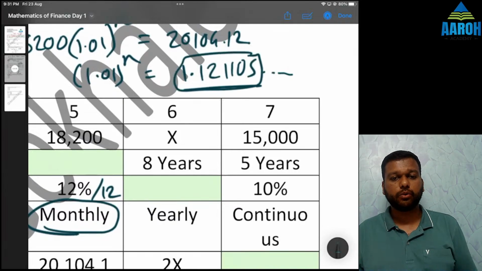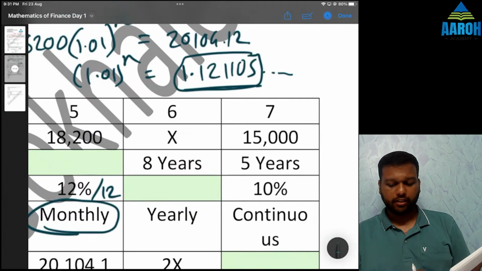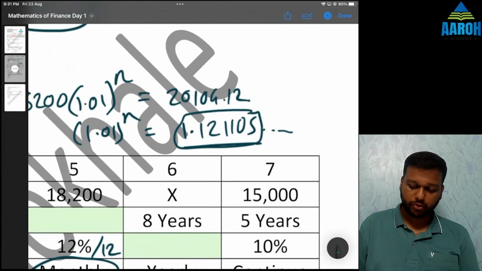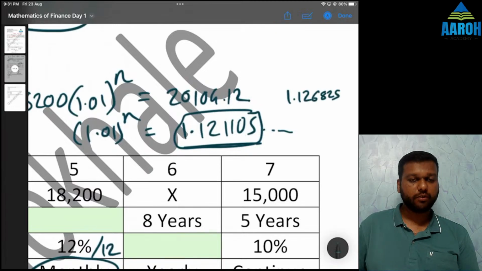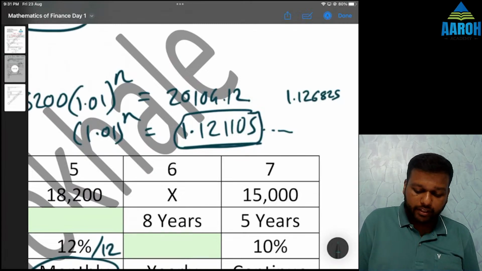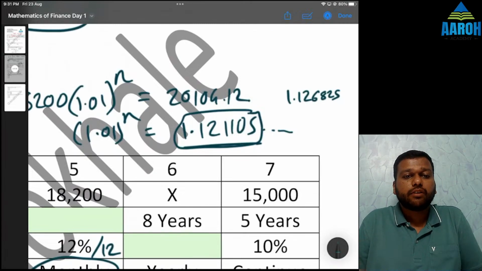Just count how many times you are pressing it. So I'm just pressing it: 1, 2, 3, 4, 5, 6, 7, 8, 9, 10, 11. When I press it 11 times, I get approximately this amount, 1.126825. That is approximate; we are not getting any exact amount. That means n must be 12, right?